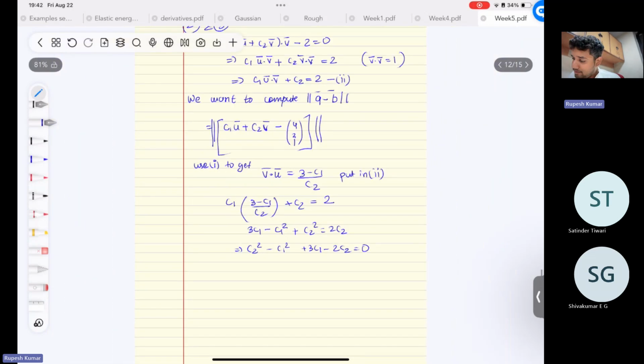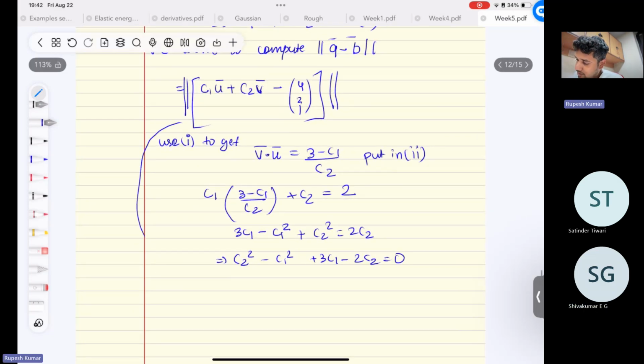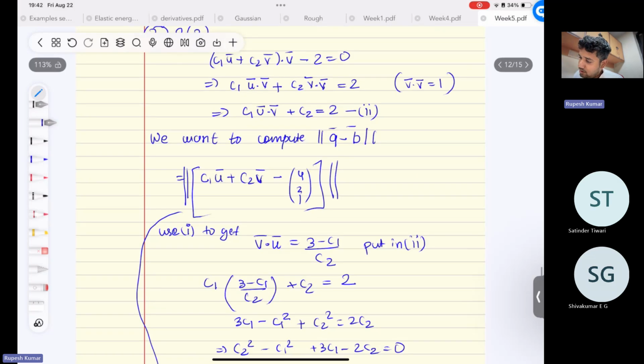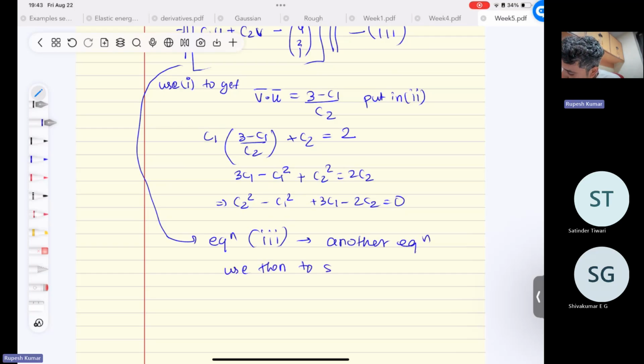And when you try to build up the norm of this vector, let's call this equation III, this will give you another equation, and use these equations to solve for c1, c2, and then get the norm, right?